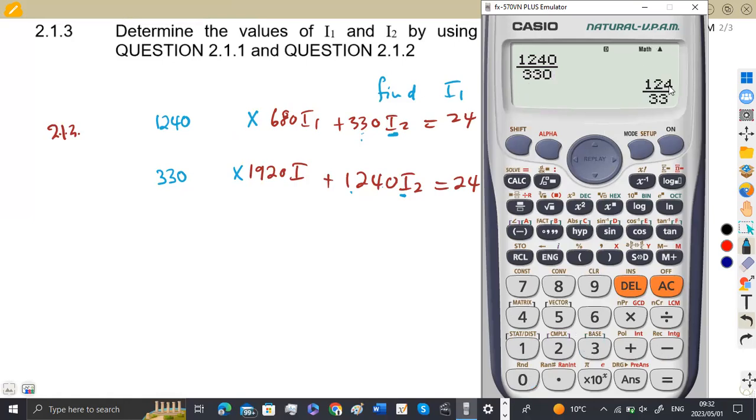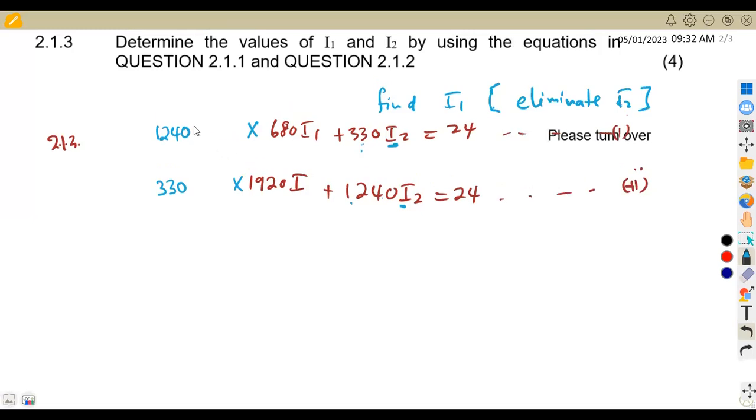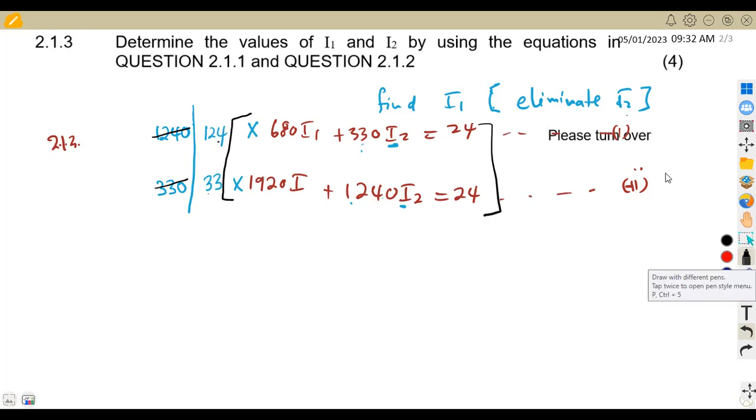This can be reduced to 124 over 33. So the 124 over 33 is the one that you're going to use in this case, meaning we are going to multiply on top by 124 instead of this, and here we are going to multiply by 33. So we are no longer using these values; we are using the reduced values now. This is going to multiply everything from the given equations. So that is the condition that you're going to have.